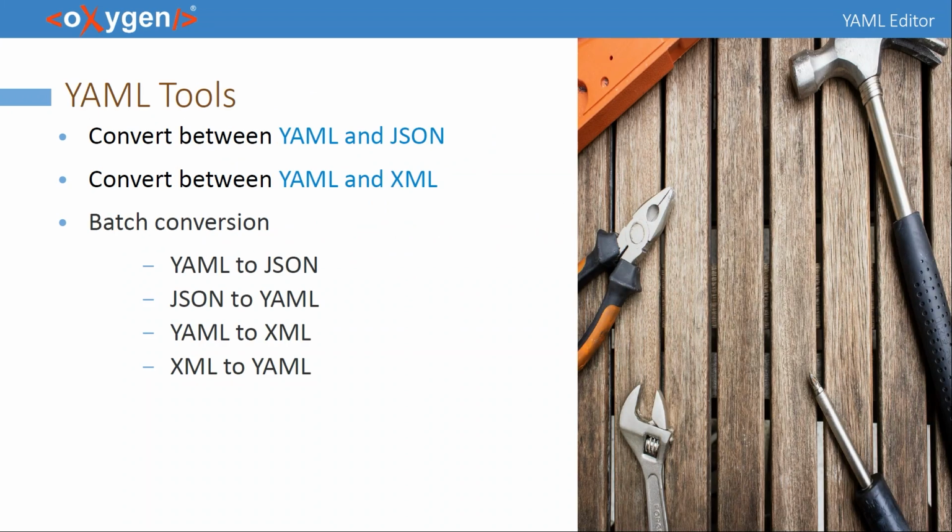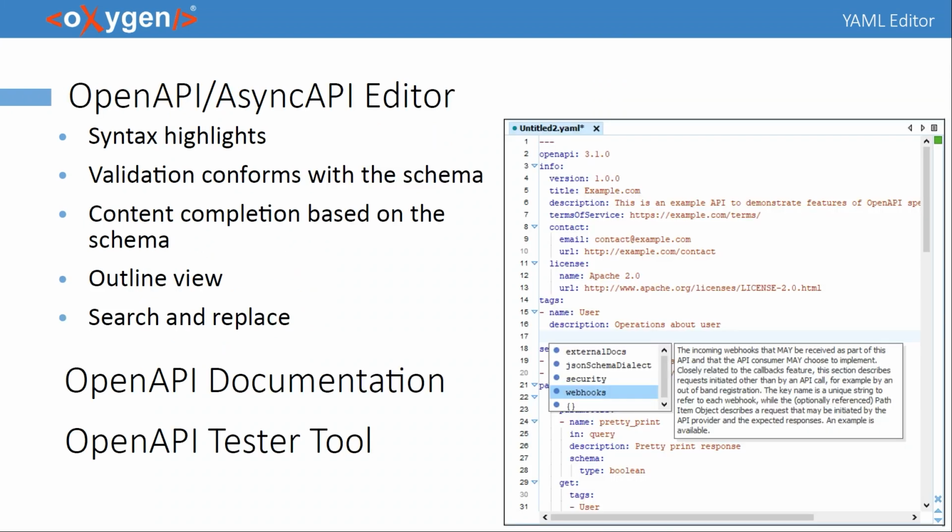As additional tools, you can have conversion between YAML and JSON, and YAML and XML. Also, you can perform batch conversion from YAML to JSON, JSON to YAML, and to XML. Also, the OpenAPI and AsyncAPI editor is based on the OpenAPI and AsyncAPI JSON schemas.